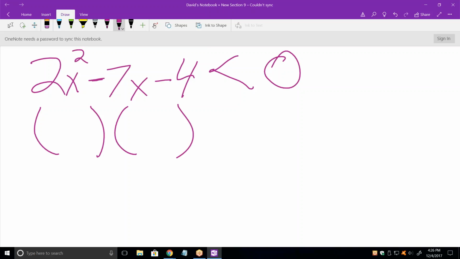Whenever you have a coefficient that's not 1, it makes it kind of a second tier factoring problem in terms of difficulty. Step 1, split up the x's: 2x and x. Figure out both sides. Step 2, plus and minus.